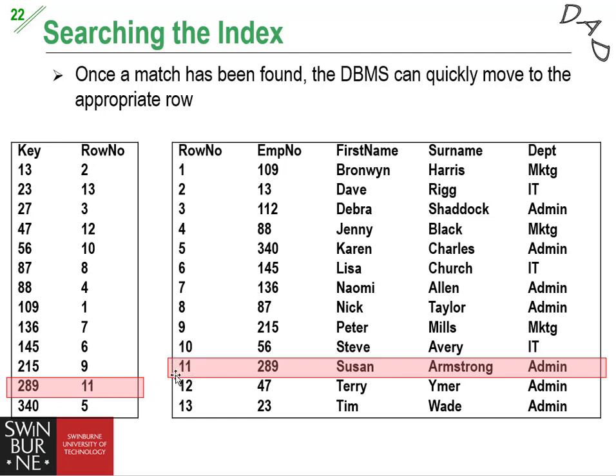The address of the located key is row number 11. Then it will read the whole row into the memory.